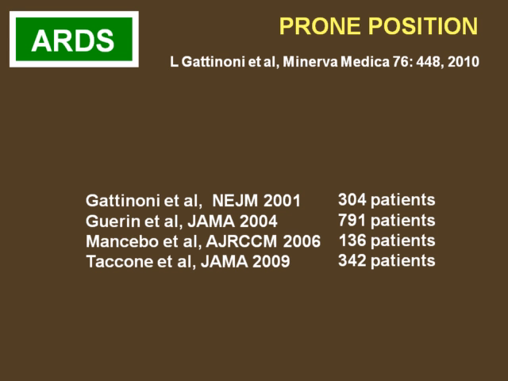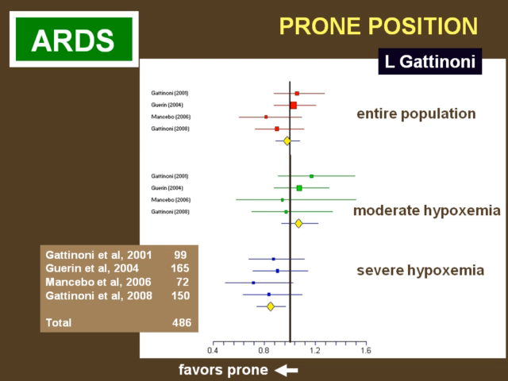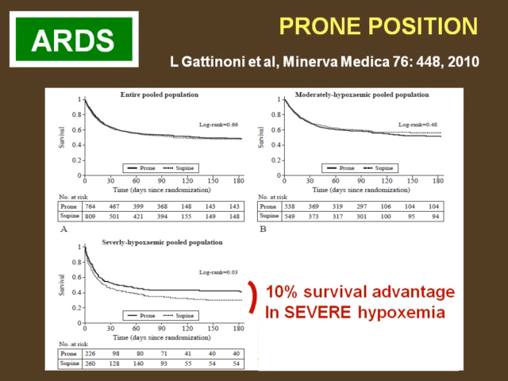Well, Luciano Gattinoni went over individual data of these 4 studies, 2 involving his group and 2 others, and by doing a subgroup analysis, he reached the conclusion that in patients with severe hypoxemia at the bottom, there may be a survival advantage.